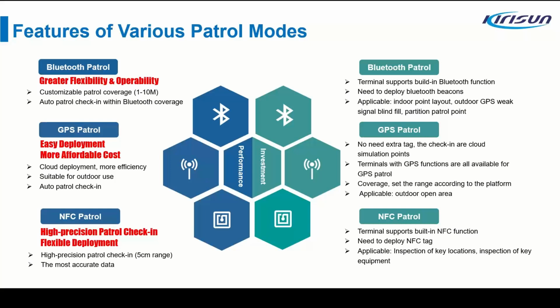Number 3, the NFC patrol has high precision within a range of 5 centimeters, but it requires a terminal with NFC function and needs NFC checking points to be deployed. It is suitable for indoor deployments. The biggest advantage of the NFC tag is that it is very cheap, so it is widely deployed on-site currently.